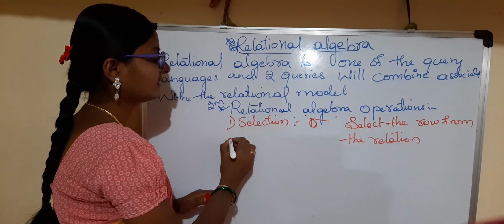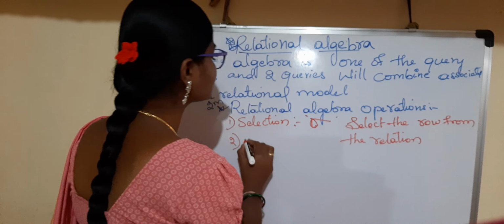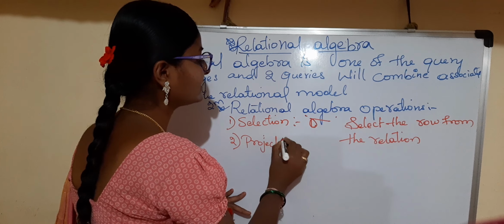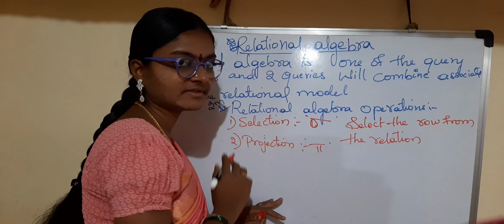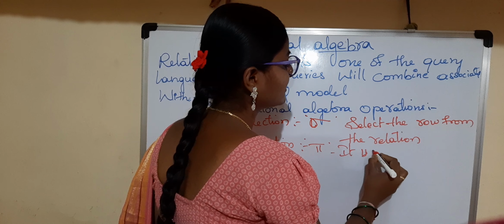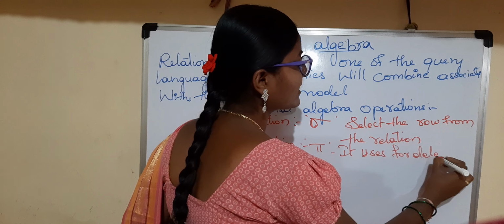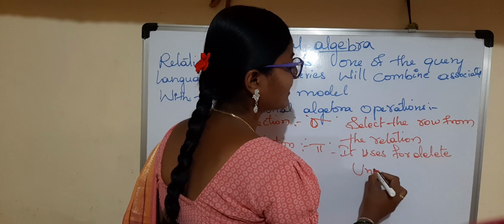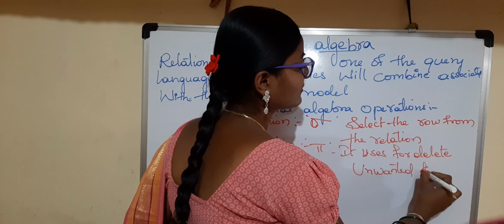Next one is projection. This is the symbol for projection. It is used to delete unwanted columns.